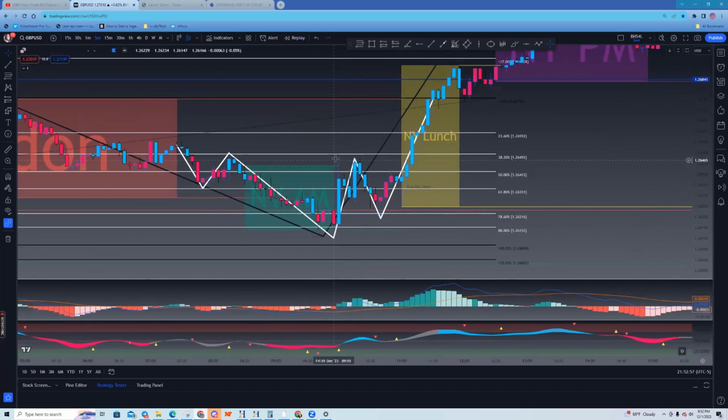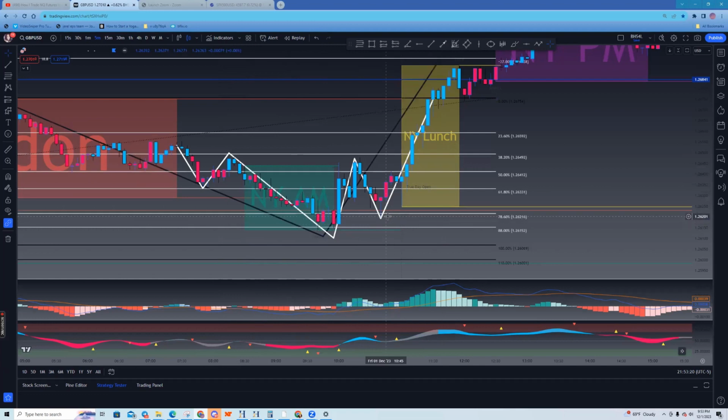So this was news. I would have waited for a pullback after news, especially to see it did not break this. If I see, okay, it's not breaking it, I would have definitely been waiting for that pullback.